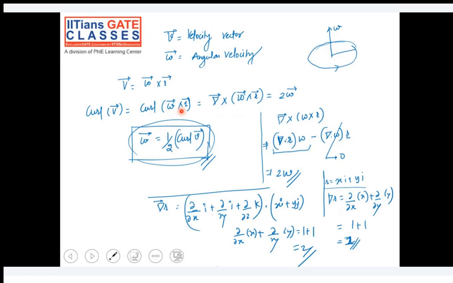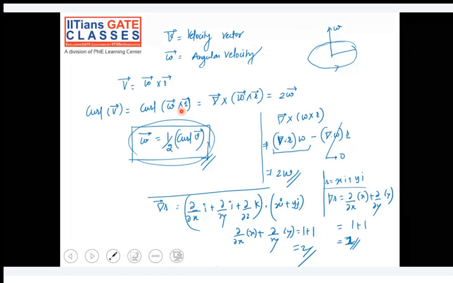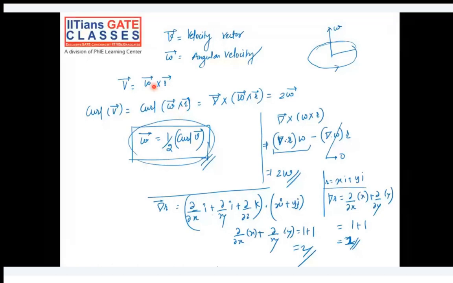And how do we calculate v bar? v bar is omega bar cross r bar. We know that v is equal to r omega, right? So v bar is omega bar cross r bar. It's a cross product in the vector field. So in general, velocity is equal to angular velocity times the r value, a distance value.